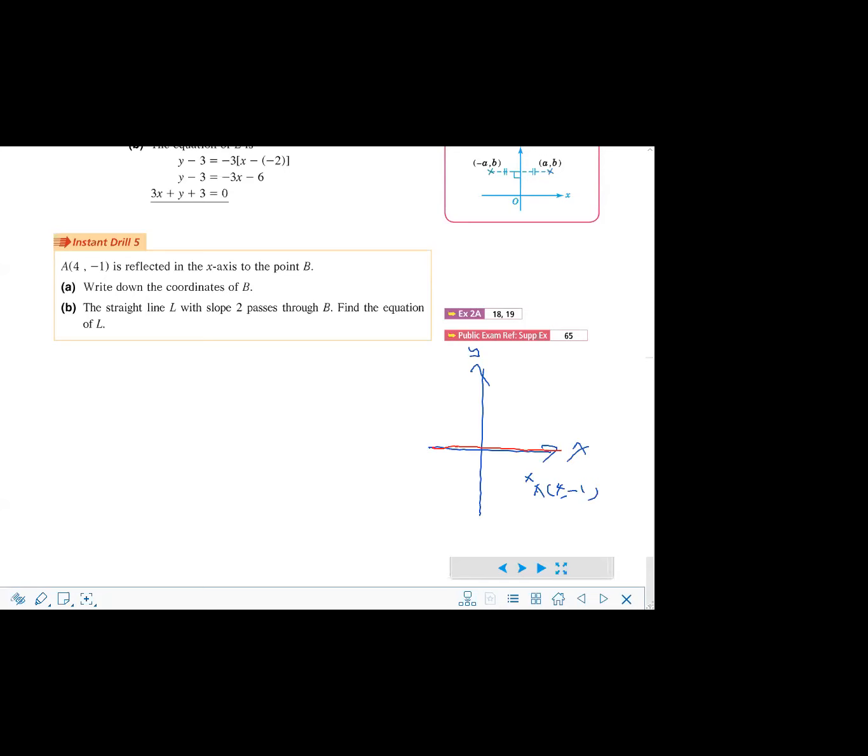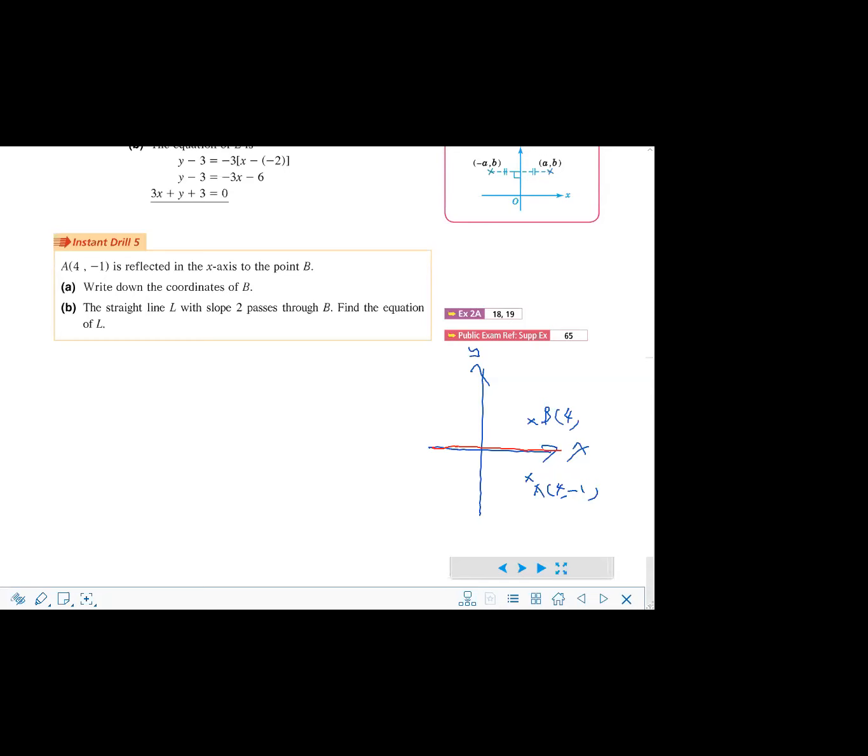Originally point A is below the x-axis. After the reflection, it is above the x-axis. So this is point B, and the x-coordinate is not changed because it is an up-down movement. The x-coordinate is just 4, and the y-coordinate is the negative of the original number.